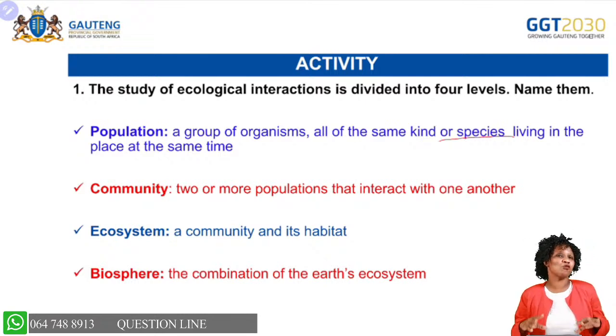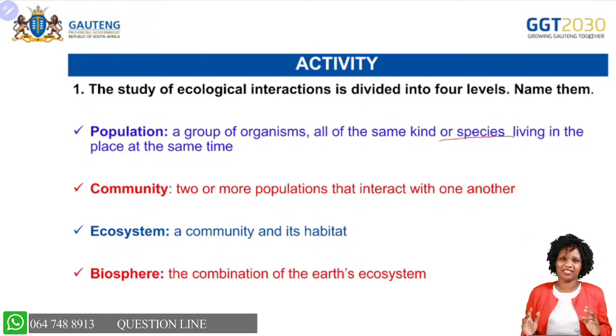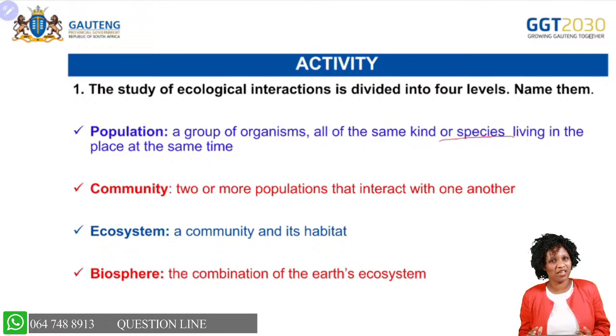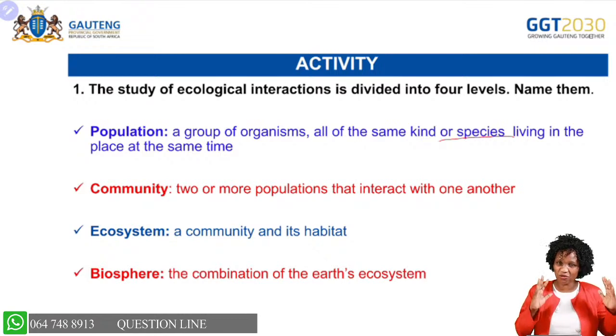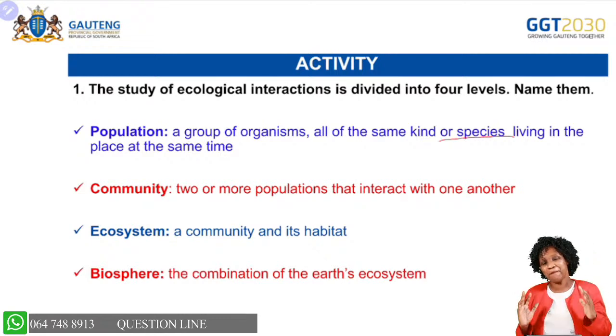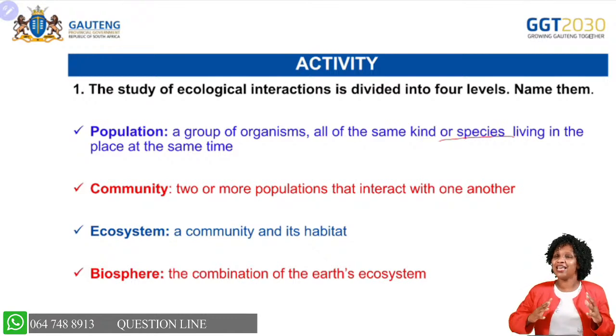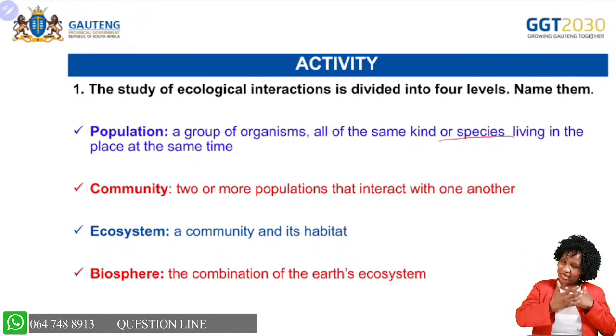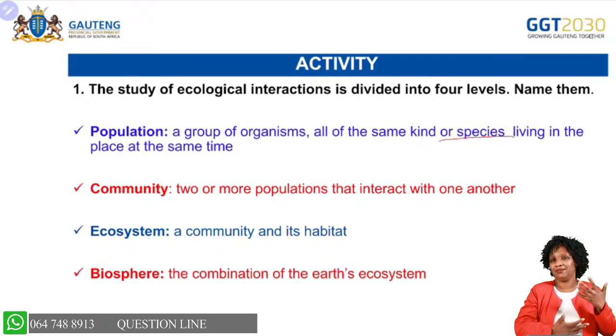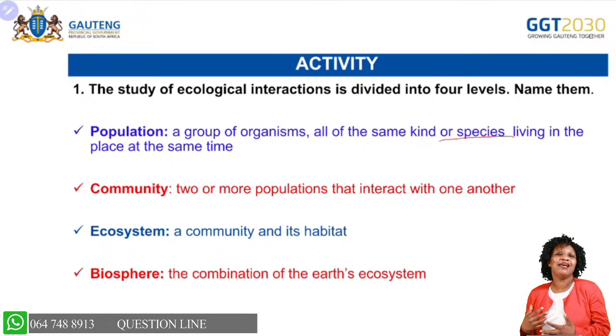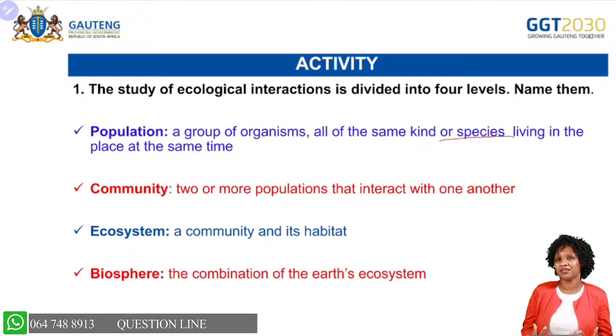For example, we've got a good example of elephants. Elephants live together, and when they are a group, we call it a population. Do you get it? They share the same environment, they travel together, and they reproduce within themselves.